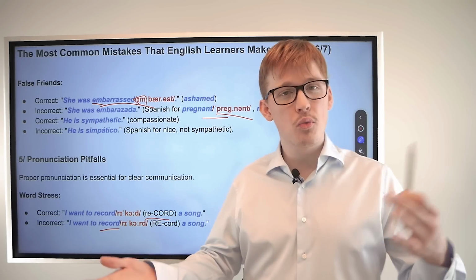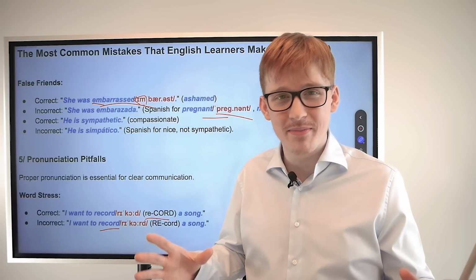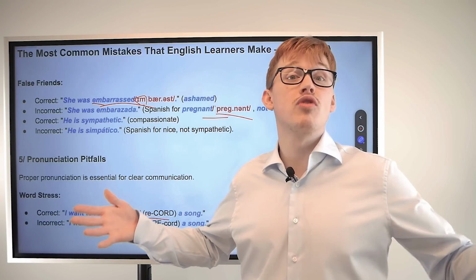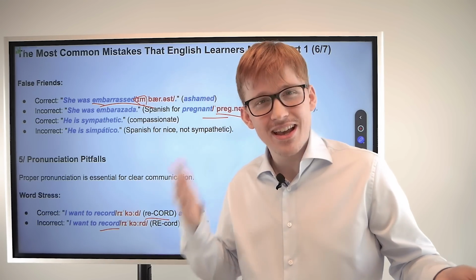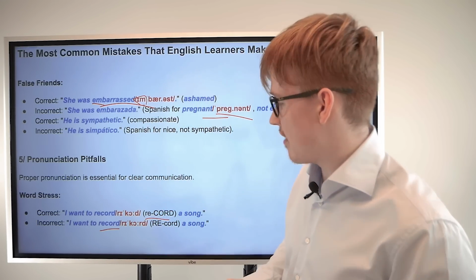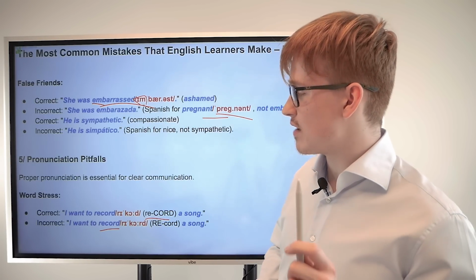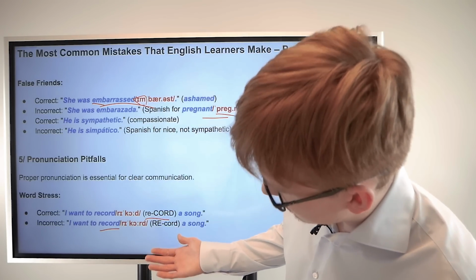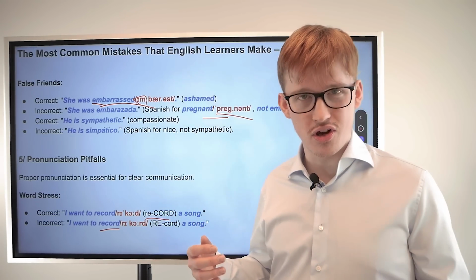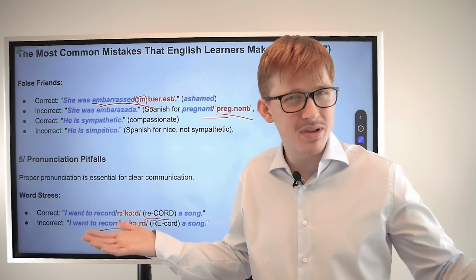So as you can see, the words record and record are similar, and they have very similar meanings, because the verb to record is to make a record. You see? But we have a different stress in each of those words. So really look out for those things, because you don't want to say something like, I want to record a song with the wrong stress, because that would just sound odd and people would wonder what you mean.